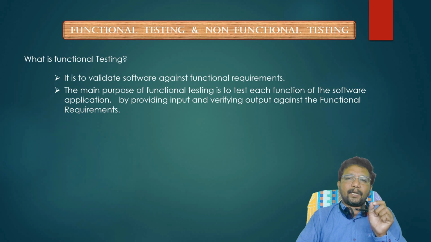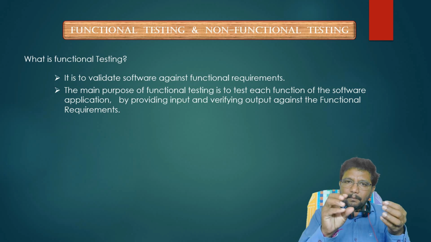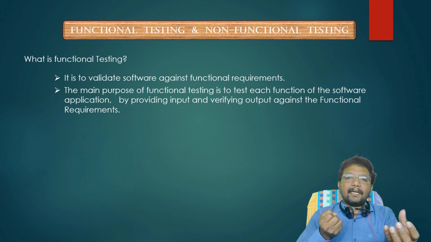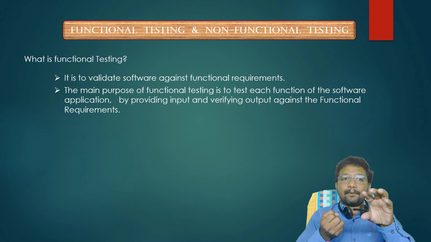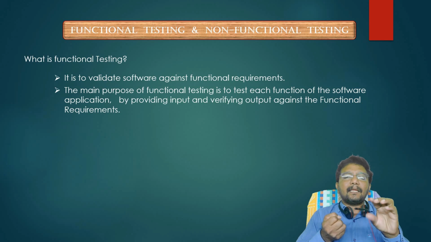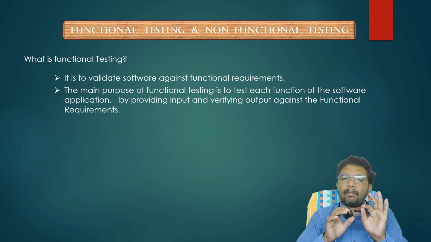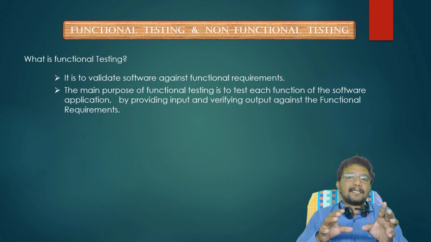After giving the input, we verify the output against the functional requirement. Output means how the application responds to our input. The application should take the input and respond properly; only then will it fulfill all the requirements. How the system responds depends on the system software, so that's why we have to test that.